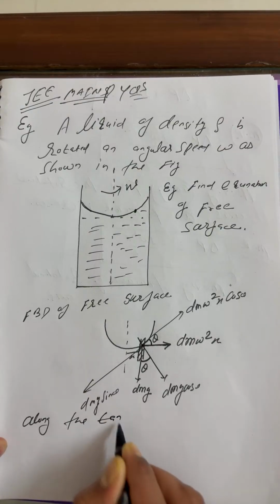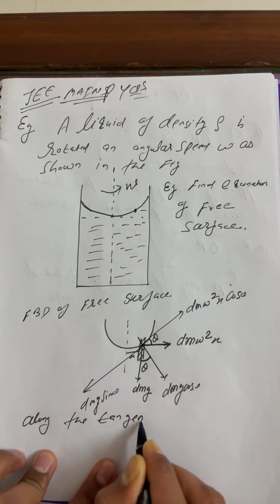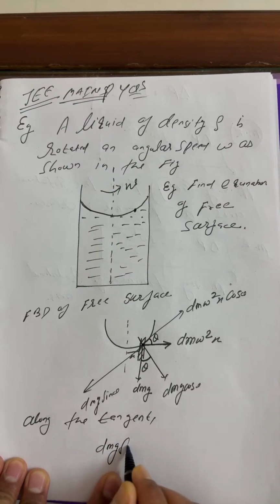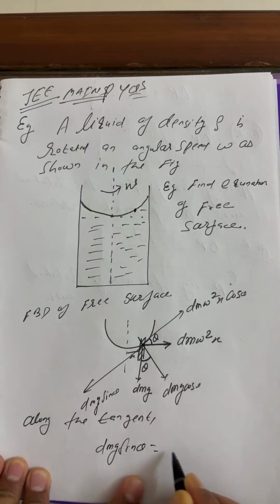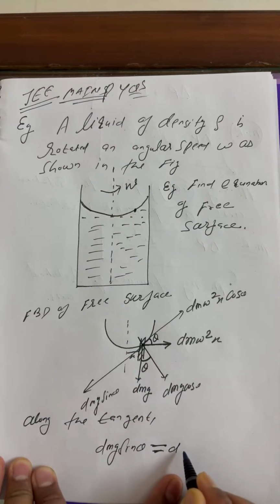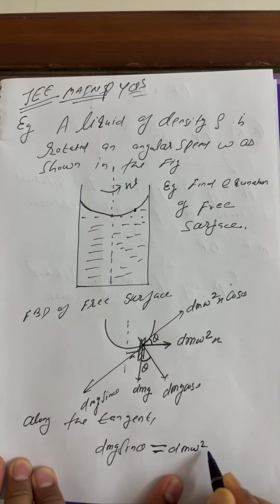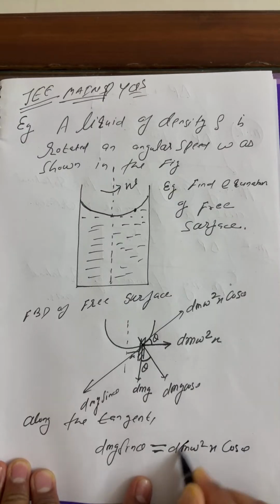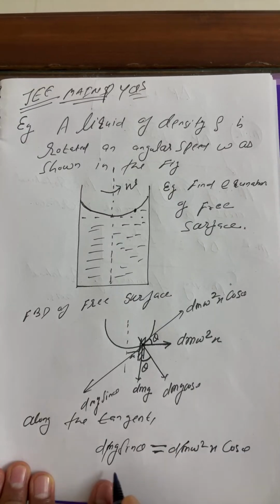Along the tangent, dmg sin theta is equal to dm omega square x cos theta.